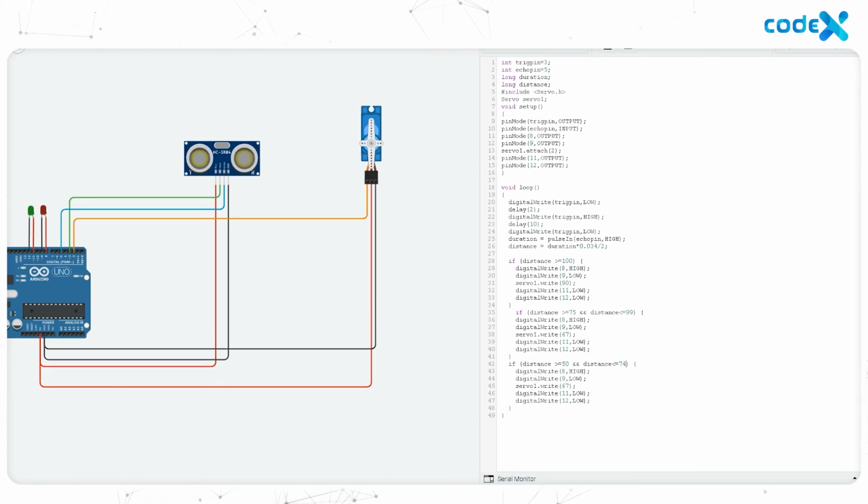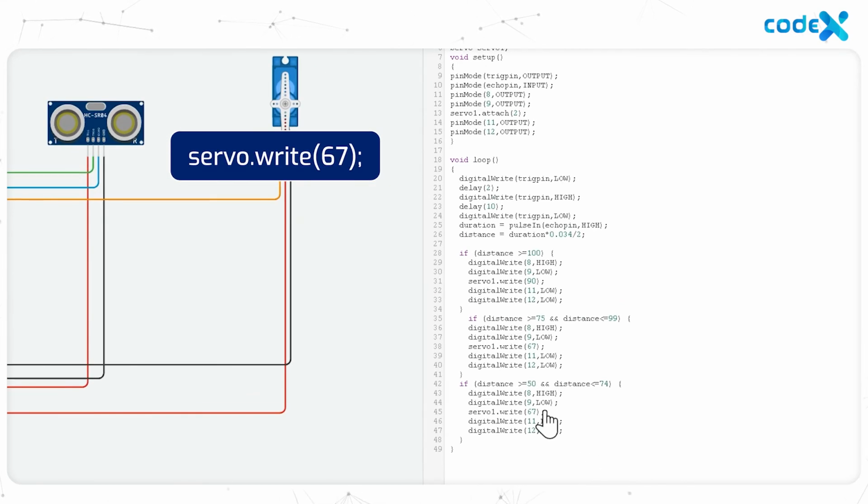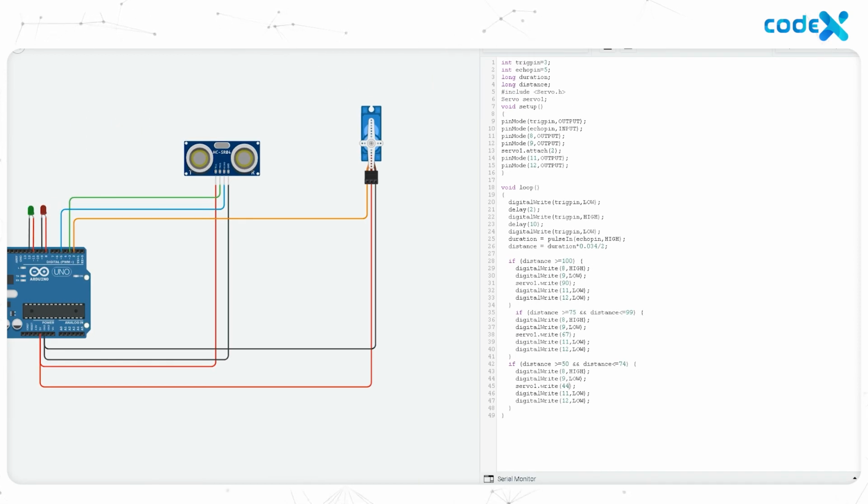We need to change the angle of rotation of the servo to 44 degrees. In this syntax, servo.write within brackets 67, change 67 to 44 degrees. The red LED should continue to be on and the green LED should be turned off itself.